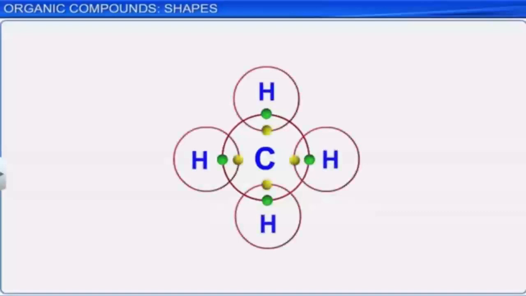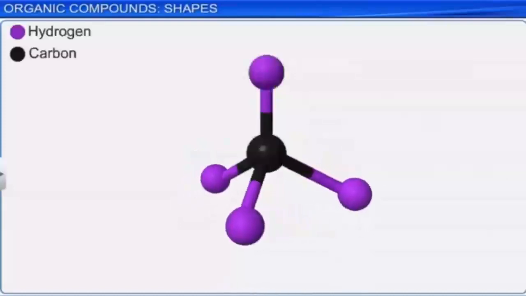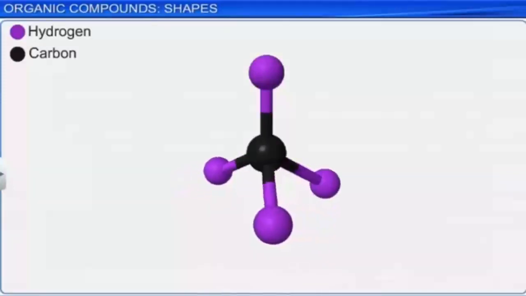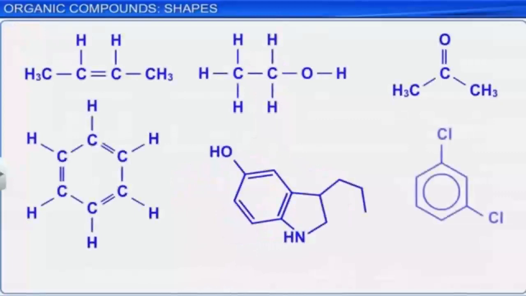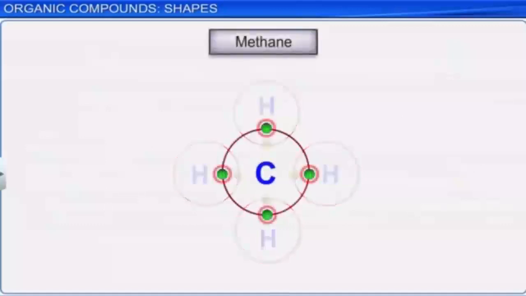This characteristic of the carbon atom, by virtue of which it forms 4 covalent bonds, is called the tetravalence of carbon. Thus, carbon forms a wide range of compounds. In this example, methane is formed by sharing 4 electrons of carbon with 4 hydrogen atoms.